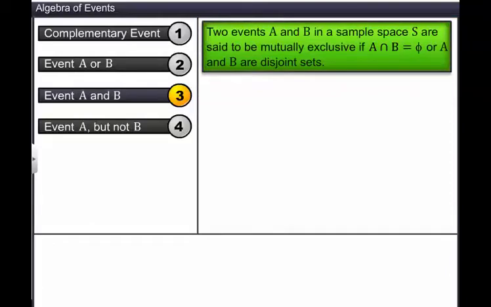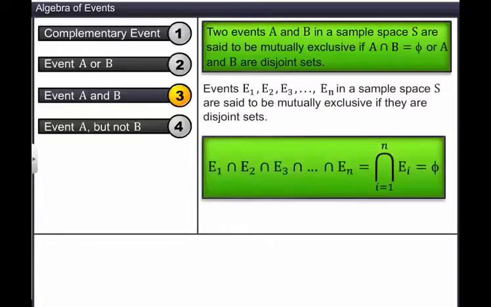In general, events E1, E2, E3, and so on in a sample space are said to be mutually exclusive if they are disjoint sets. However, some mutually exclusive events in a sample space are exhaustive. For example, getting even numbers and odd numbers in an experiment of rolling a die.